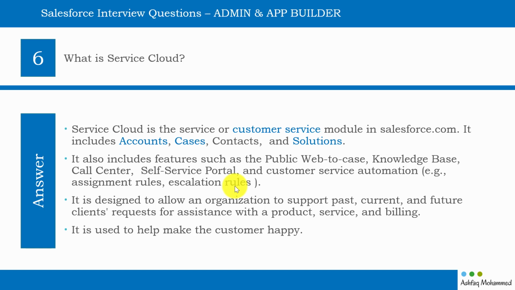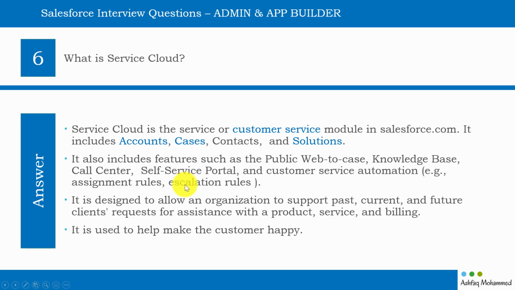Let's say you created another case for servers. Servers might be dealt with by a different team, so they create assignment rules wherein your case information will go to the server team who is responsible for troubleshooting the servers, right?